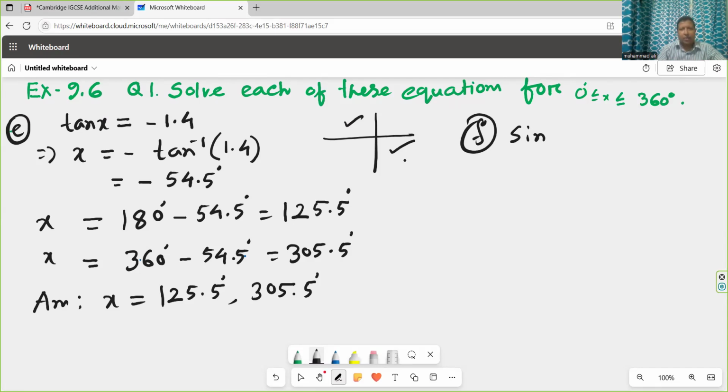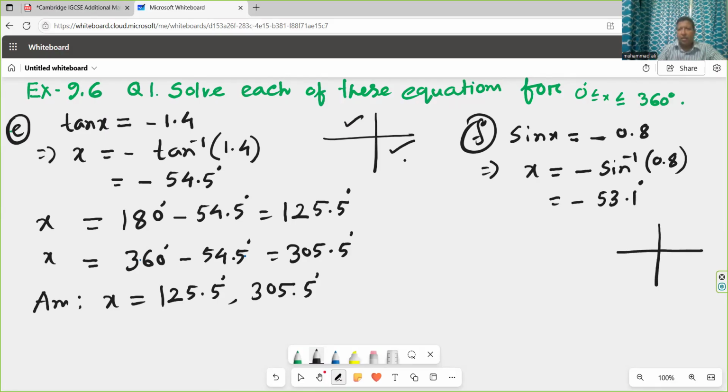Next, sine x equals minus 0.8. Like the previous one, x equals minus sine inverse 0.8. So we'll get here minus 53.1 degrees. Sine is negative in the third and fourth quadrant.